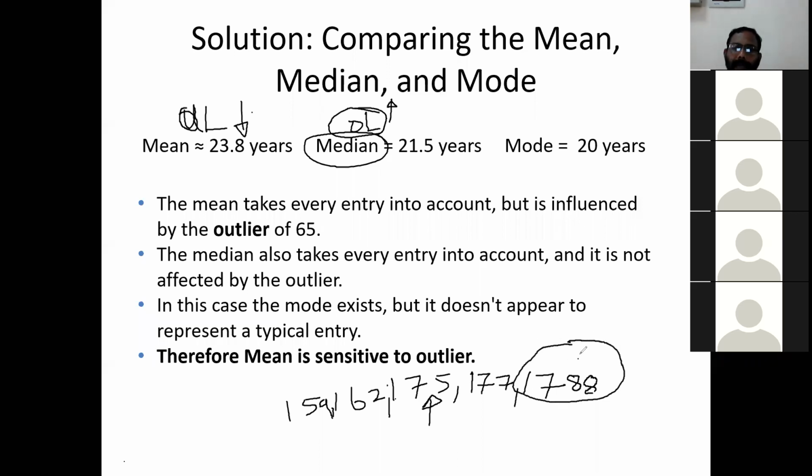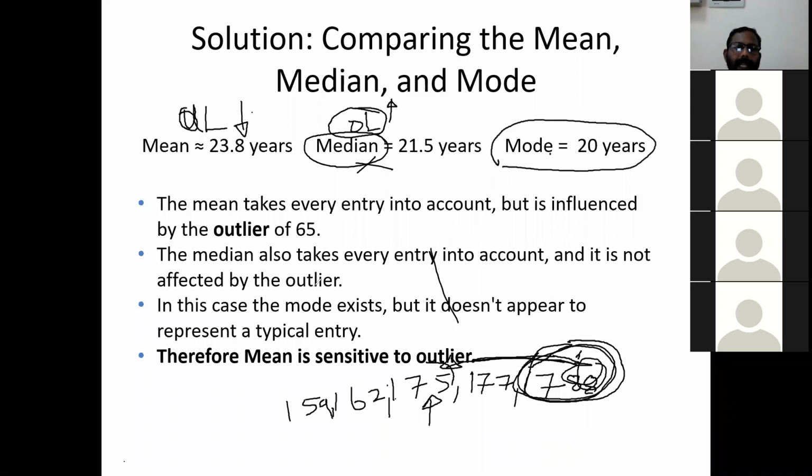Median takes this as just one value to get the position, so the position doesn't change, only the value changes, so the median is not affected by the outlier. The same case with mode; mode is also not affected by outlier.